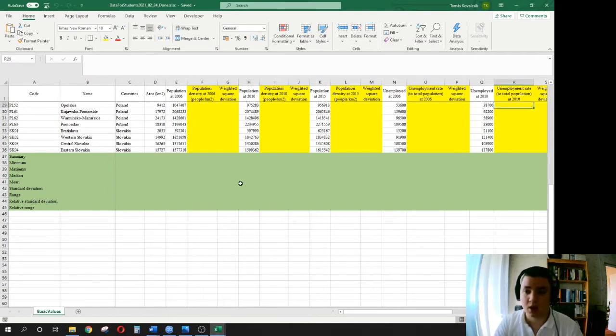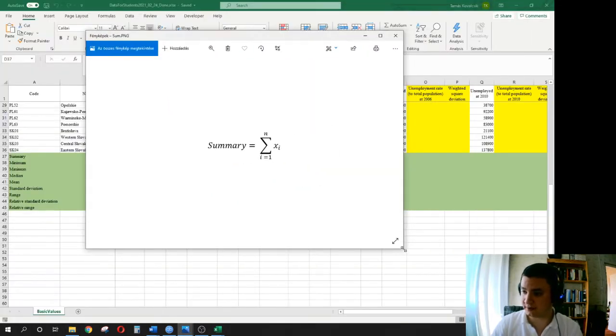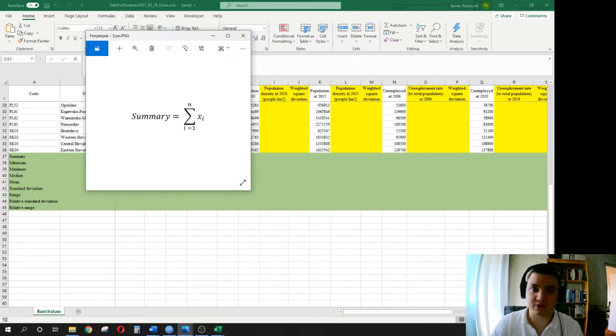Okay, so let's calculate the first one, the summary. For all of the indicators, I will show you the formula. This is the summary formula. Surprise!